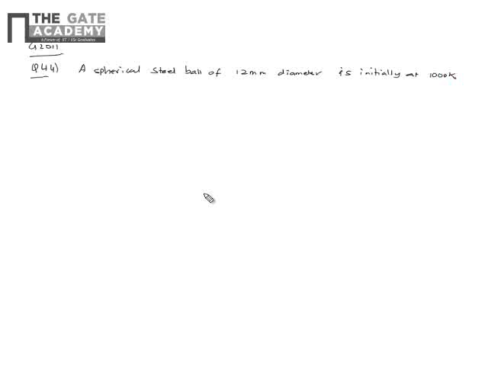Let's discuss GATE 2011 question number 44. So let me first write down the question. A spherical steel ball of 12 mm dia is initially at 1000 Kelvin.